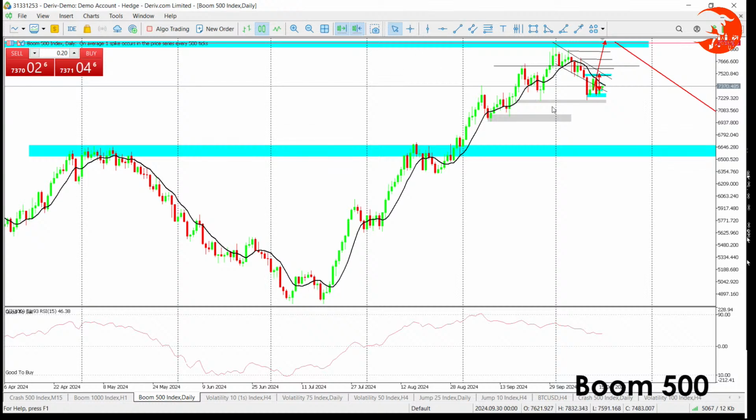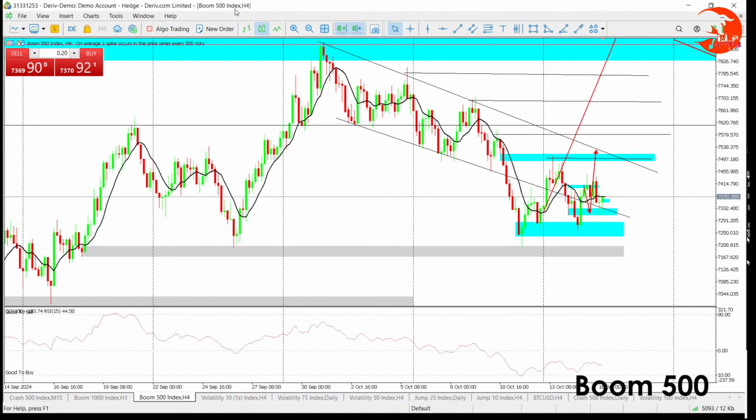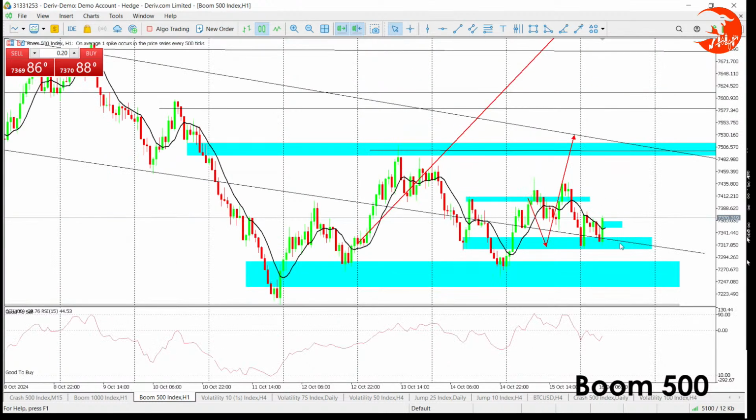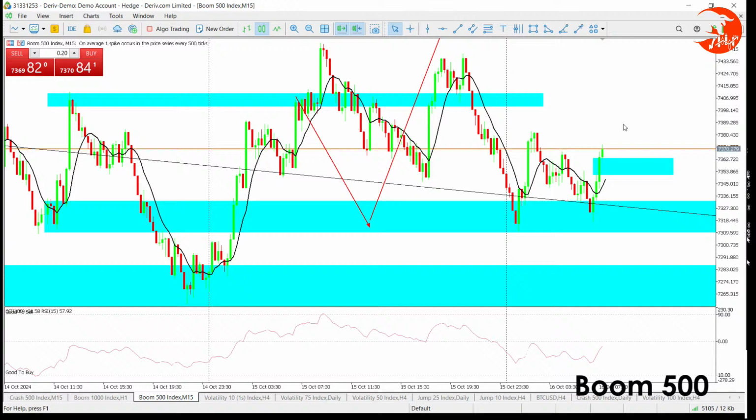So we wait for that to head over there, then later on come into sales. I know most people always want to sell this asset, but even buys are always very good to make good money. So we wait for this in 15 minutes, and then we'll be good to go for the buy entries.